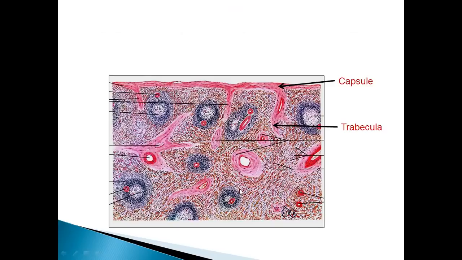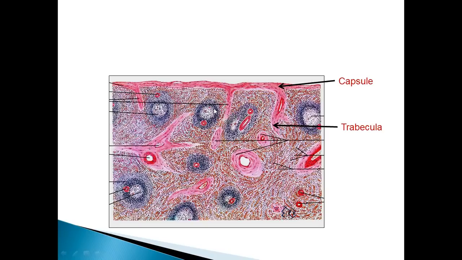If you see the histological slide, there is a covering of capsule. See here, there is no subcapsular sinus, so there is absence of subcapsular sinus. The capsule is sending septae or trabeculae inside. Again, you can see here aggregation of lymphatic tissue.